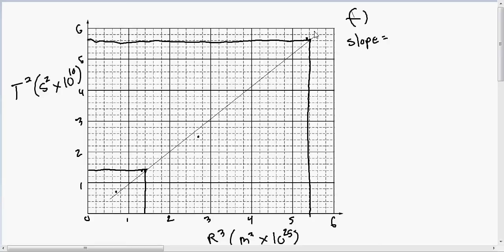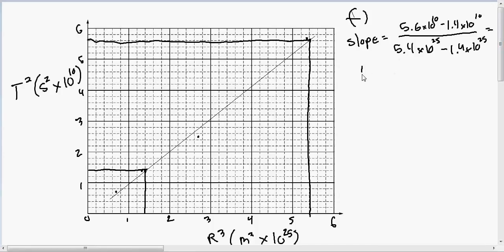So slope should equal the change in y over the change in x. So 5.6 times 10 to the 10th minus 1.4 times 10 to the 10th over 5.4 times 10 to the 25th minus 1.4 times 10 to the 25th equals 1.05 times 10 to the negative 15th, about.